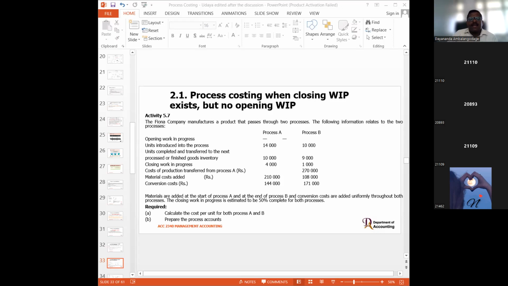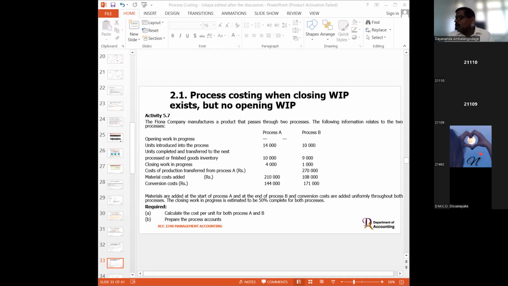Then we start with the total cost, TC. Total cost, right? So we find completed units, and we find another column for WIP equivalent units.